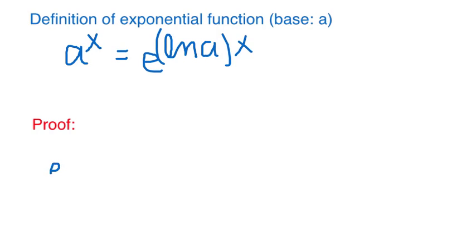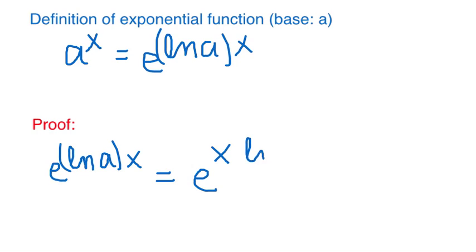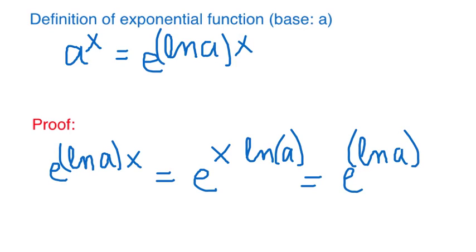If we're given e to the natural log of a times x, we know by our natural log properties, we could rewrite this as e to the x ln of a, which is e to the ln of a to the x power.